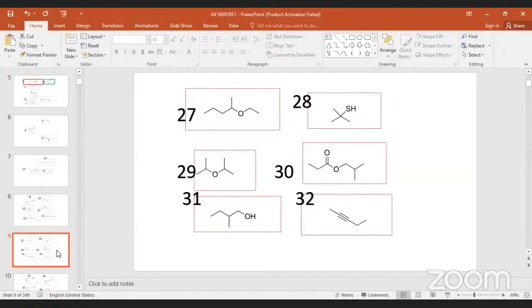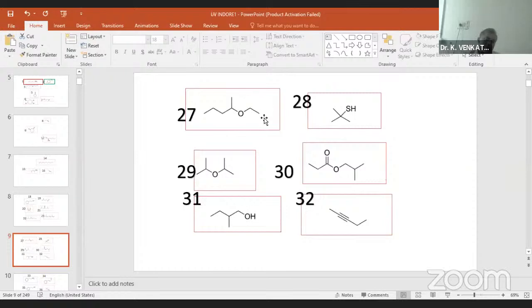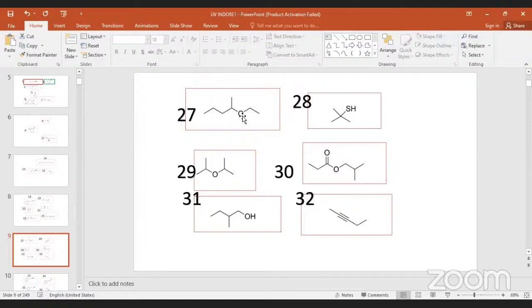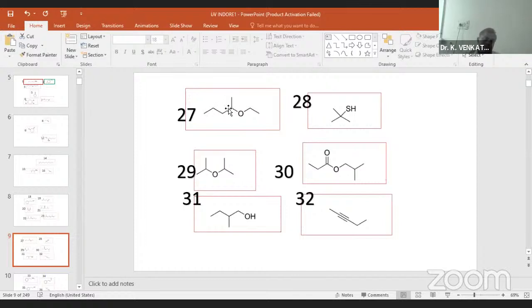2-ethoxypentane. Madam, what is the linear chain? How many carbons are present in the linear chain? Pentane, the linear chain has 5 carbons. 2-ethoxypentane. The right side has fewer carbons, so oxygen combines with the smaller carbon part: ethyl plus oxy gives ethoxy. The linear chain is considered as pentane, because single bonds are present.